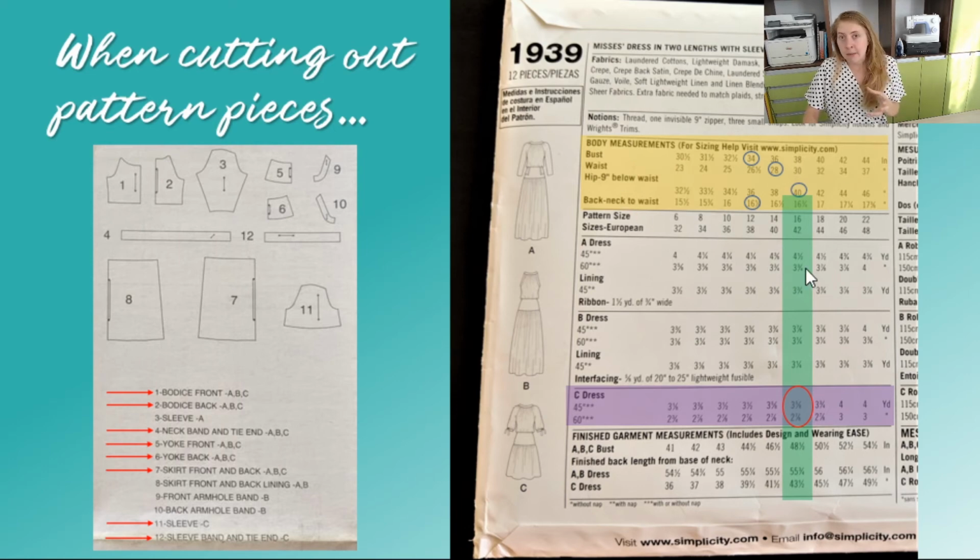Now the problem is the pattern is made for just one column. So this dress is made for someone who is a 38 bust, a 30 waist, a 40 hip, and a 16 for the back, neck to waist measurement. But clearly I'm not those measurements. My bust and waist and back to neck aren't the same.